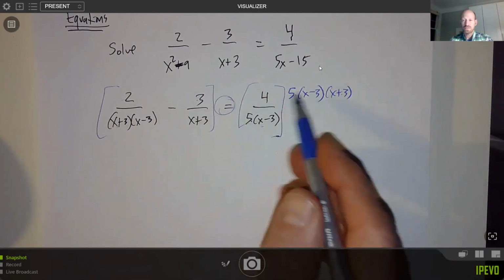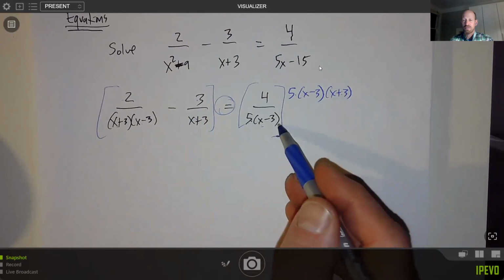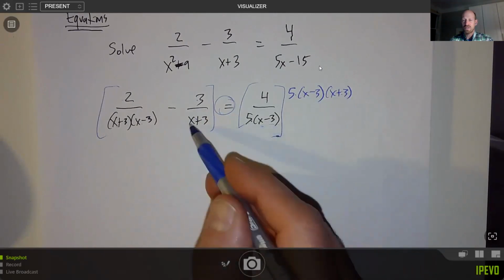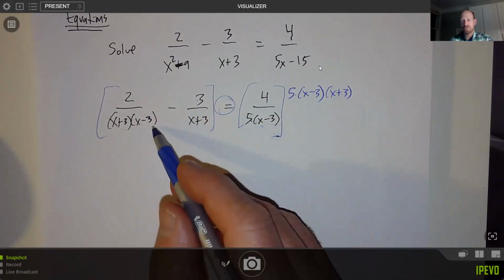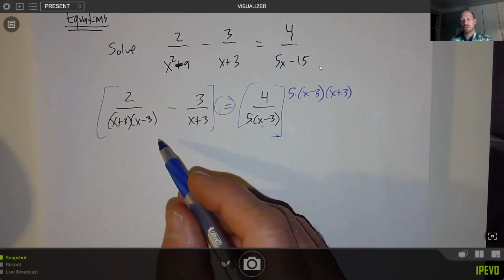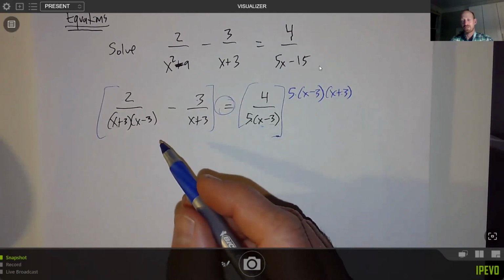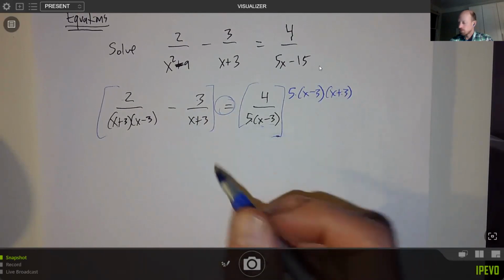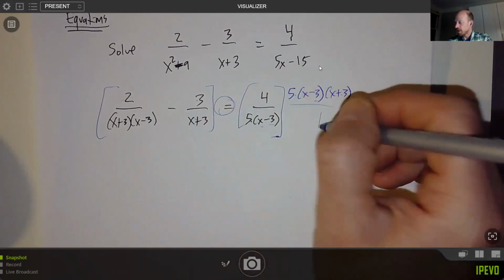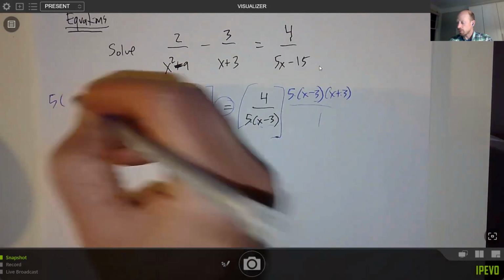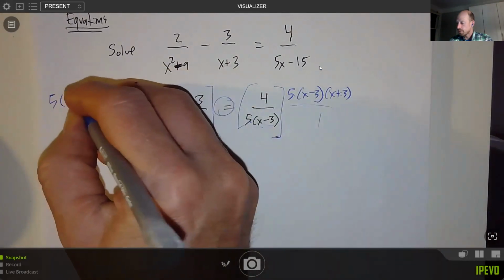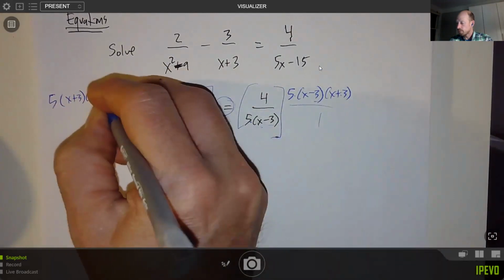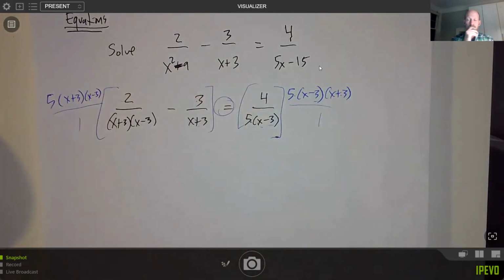And I see this is the least common multiple of these three denominators. It's what's going to cancel each of these denominators. If I'm doing it on the left side, I have to do it on the right side as well. This is a different problem.